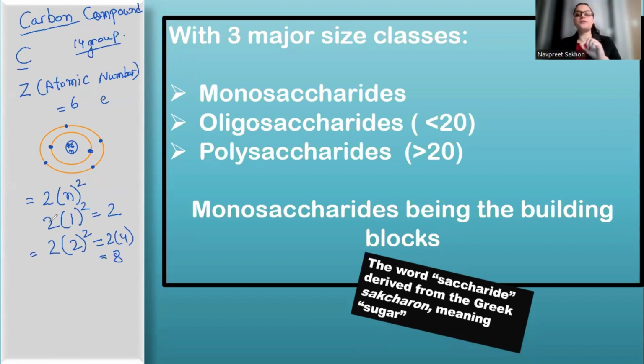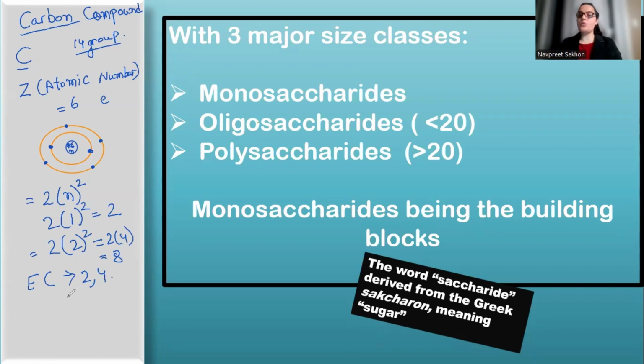Now, this arrangement of electrons in the energy shells, or we can say energy orbitals, gives us the electronic configuration of that atom. So that's why the electronic configuration of carbon is 2, 4. Right here, let me make the things clear.